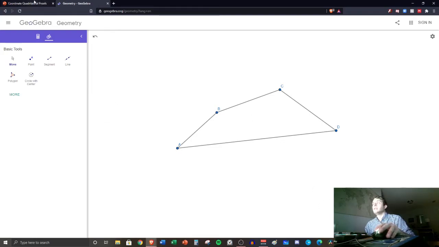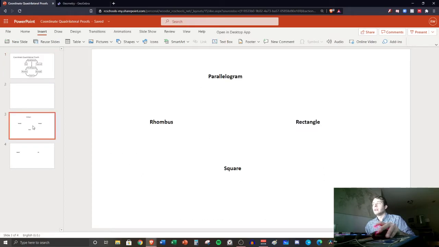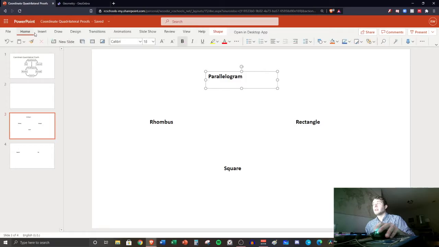And we're going to be doing what's called proofs. And this is a loose interpretation of a proof. There's other ways in geometry that we could do proofs, but we're going to be doing them with coordinates, okay? But first we have to talk about what makes a parallelogram a parallelogram. Well, you should be referring to your definitions as we're thinking through this.